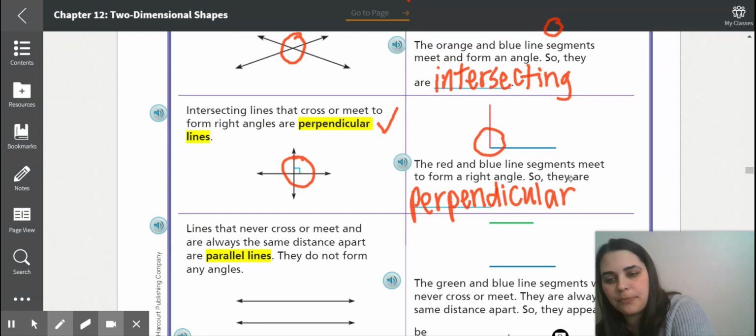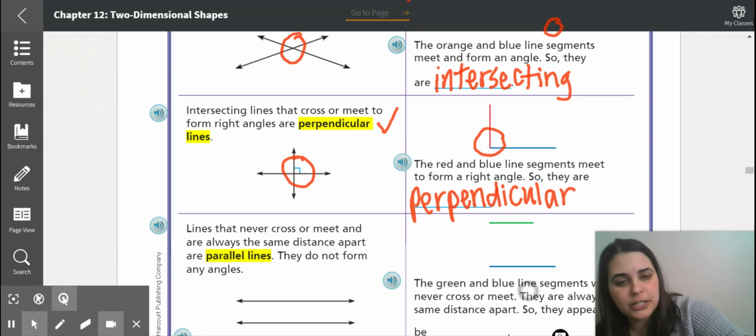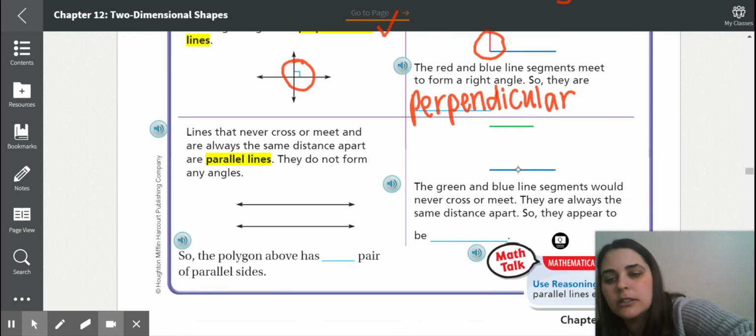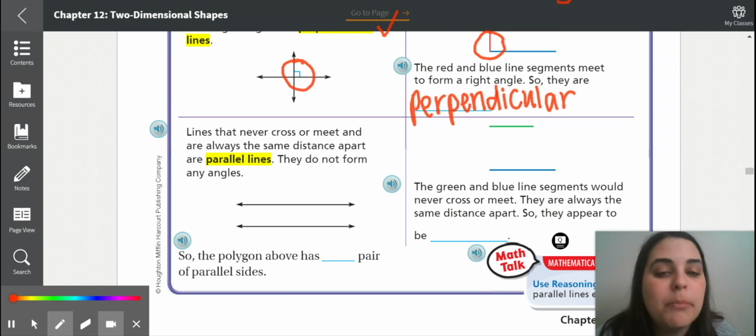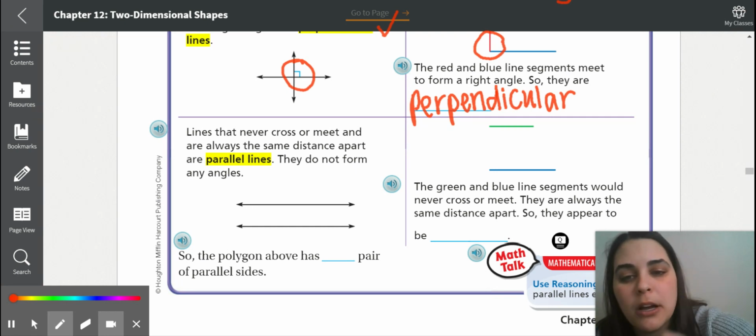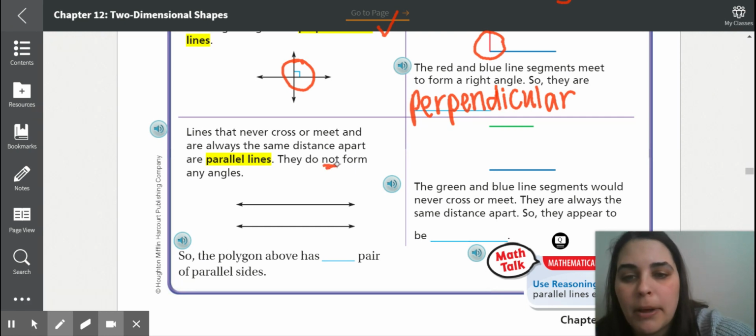All right, moving on. The third type of lines we're going to talk about are called parallel lines, and those are lines that never cross or meet, and they are always the same distance apart. They do not form any angles, okay? So they never cross.